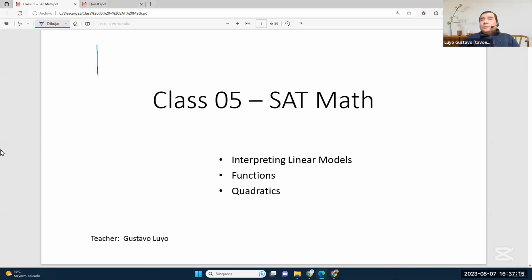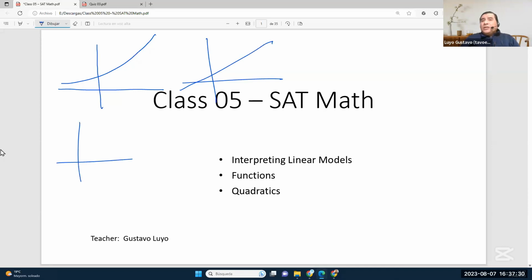Remember, exponential growth is a curve like this. This is, on the contrary, linear growth, something like this. Then you have exponential decay, something like this. And linear decay is this.